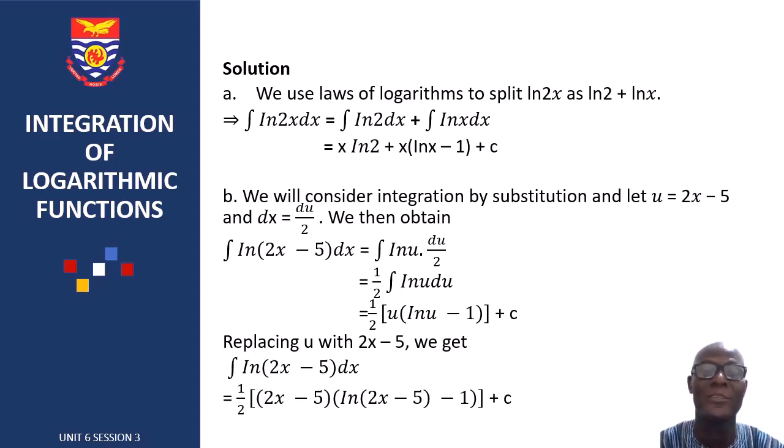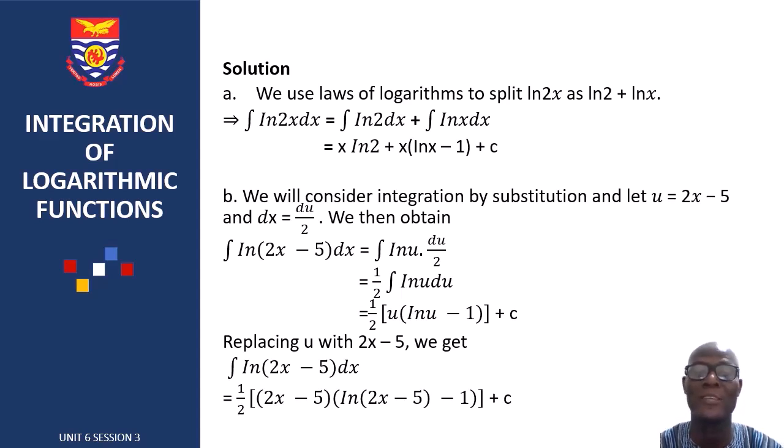B, to integrate ln into braces 2x minus 5 dx, we use the integration by substitution by letting u equals 2x minus 5 and differentiating u with respect to x and making dx the subject.